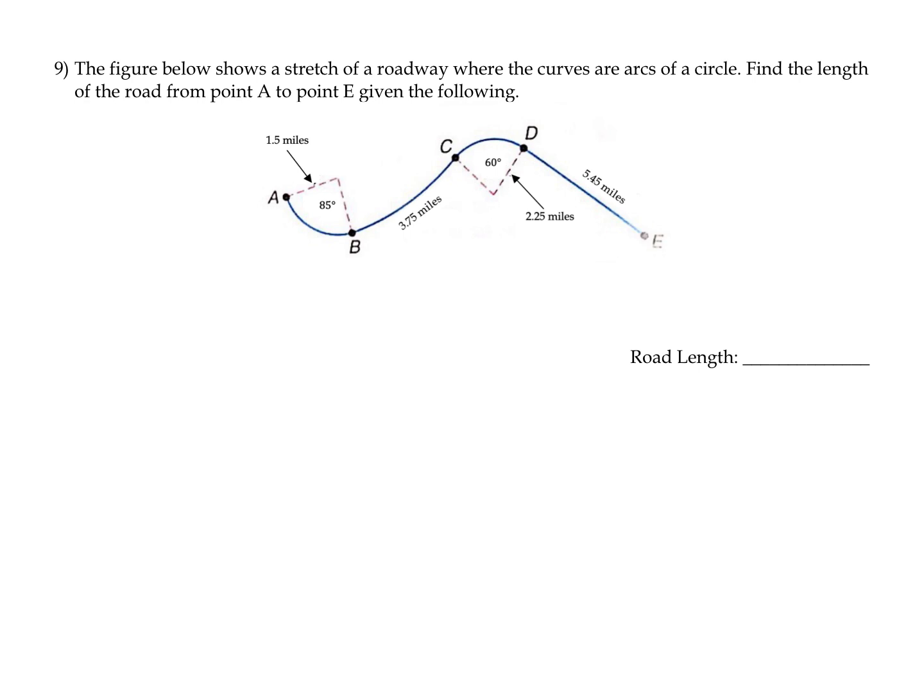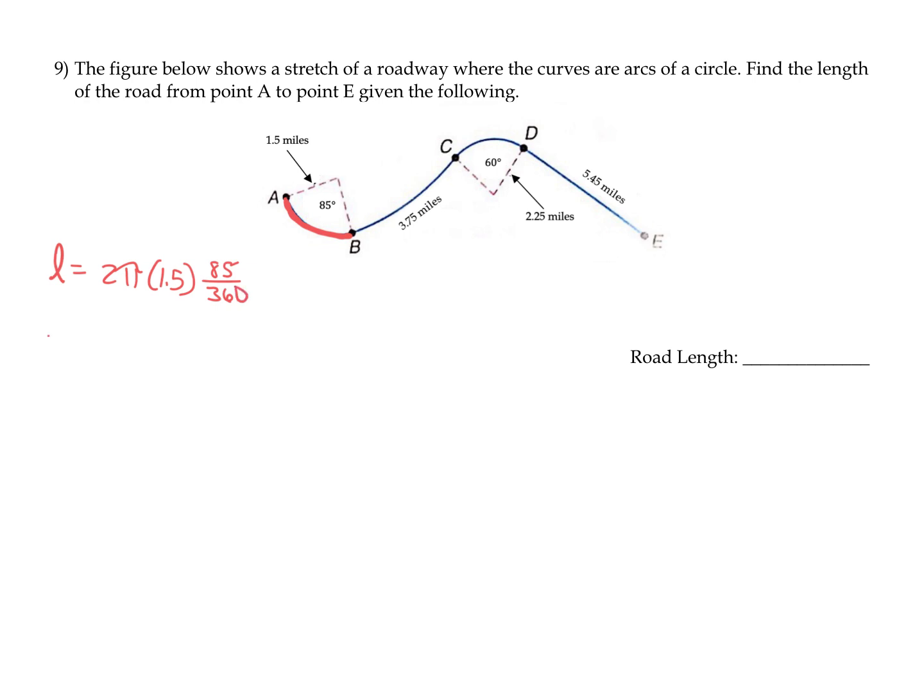Okay, so this question is showing us part of a road with curves or arcs of a circle. Find the length of the road from point A to point E, given the following information. So I'm looking over here at A to B, and I need to find the length. I'm given a degree measure and a radius. So I'm going to do my length as 2 pi times 1.5, my radius, times 85 over 360.